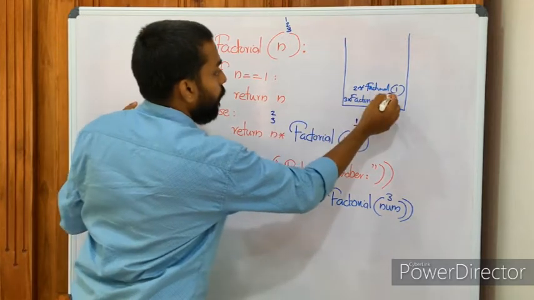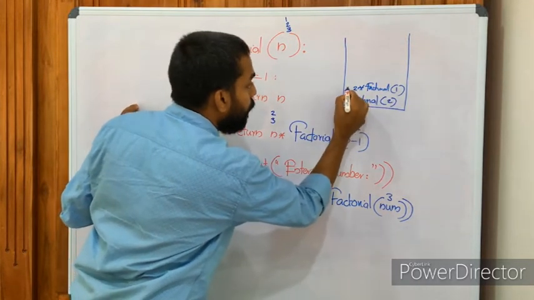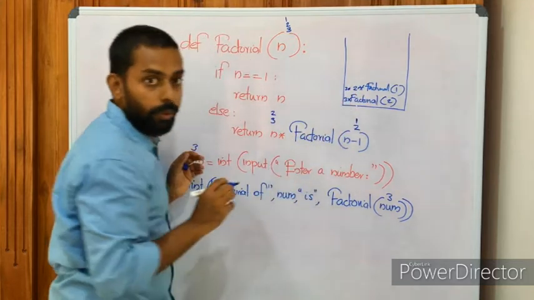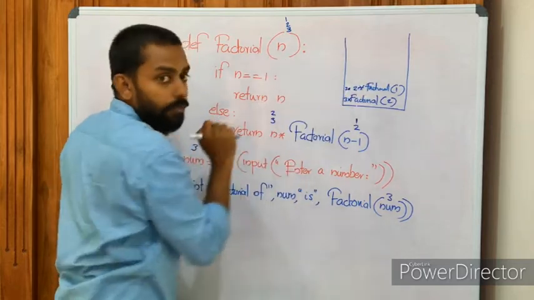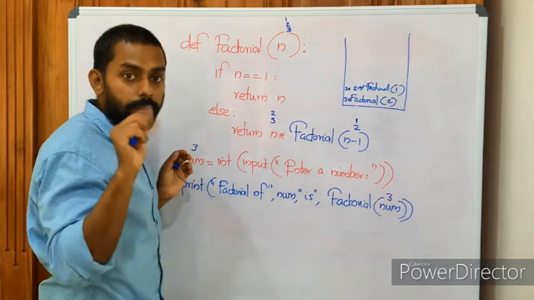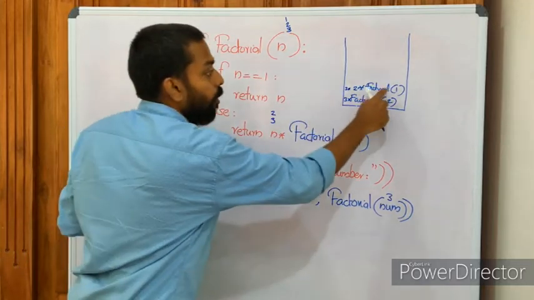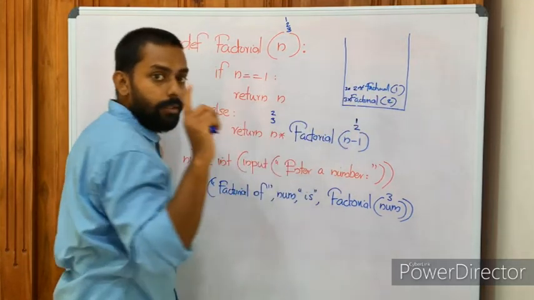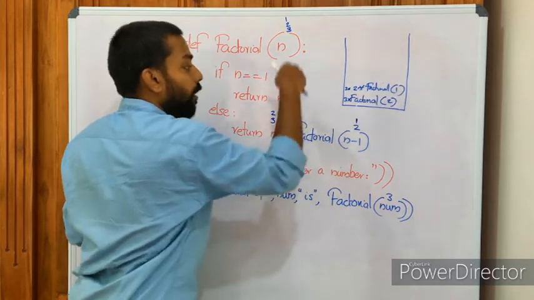So here, which one will be executed? Actually, in effect, here we have 3 into as well. We have 3 into factorial of 2, but factorial of 1 returns to factorial of 1. We know the value of factorial of 1. Which one will be executed first? This statement, right? Factorial of 1, we know the result is 1. So that will be executed first, and it will be taken out first.